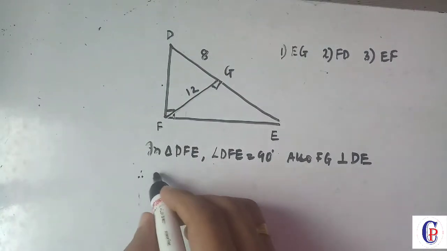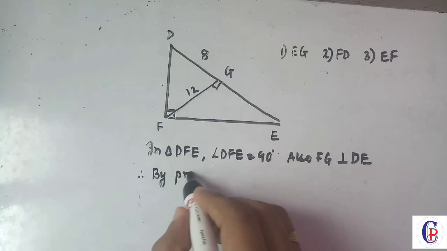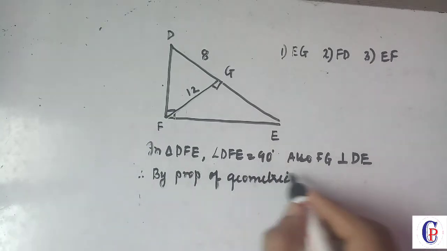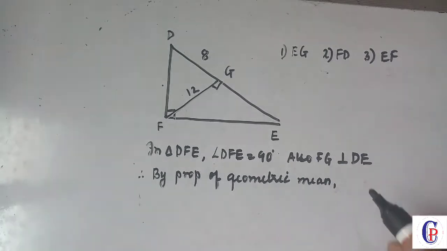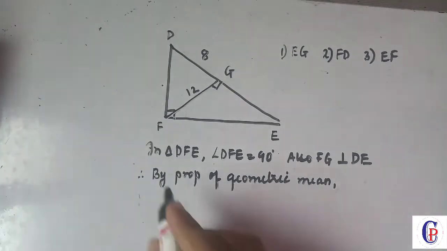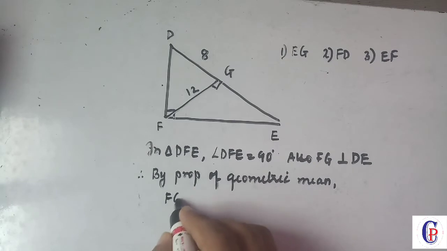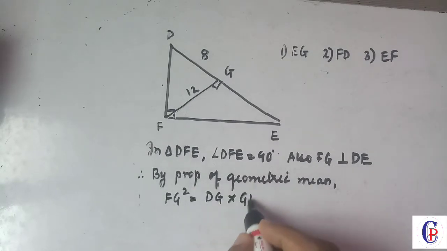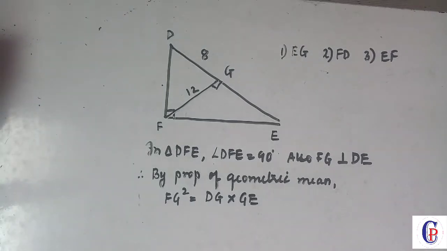Therefore by property of geometric mean, we can say that FG square is equal to DG into GE.